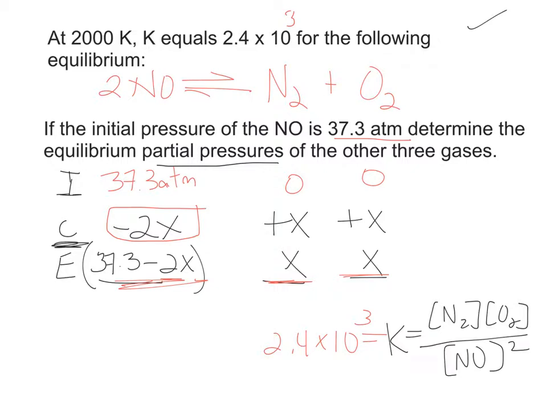And then we'll solve for x, and we're going to have to use the quadratic formula because x is pretty big, so it's going to make a difference to this number. We'll learn that sometimes we can disregard this, but not today because it's too big. It's going to really make a change here. So let's go to the next page.